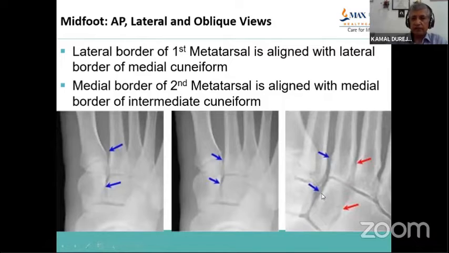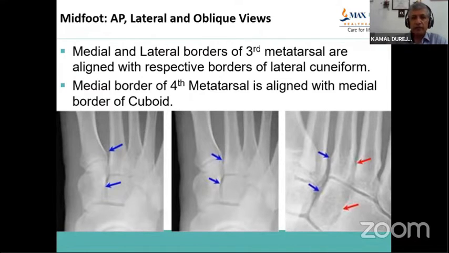So these alignments, why do we need to see them? Because the subtle kind of midfoot injuries, so-called Lisfranc injuries, which bring about disruption of these alignments, are understood only once we get our eyes used to seeing these alignments.